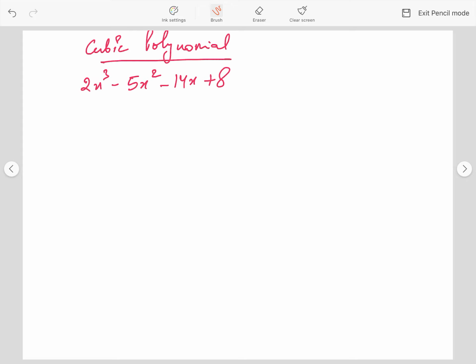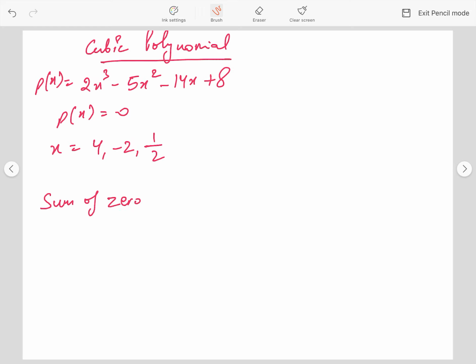This is the cubic polynomial, and we have to find out the relation between the zeros and its coefficients. Okay, so let us put this given polynomial p(x) equal to 0. When we put p(x) equal to 0, we will find values for x. So the values for x, or we can say the zeros, will be 4, -2 and 1/2.